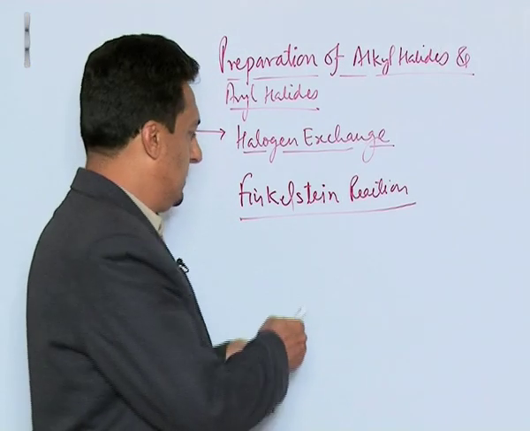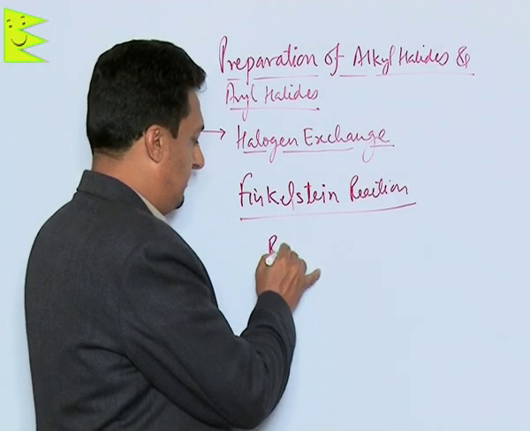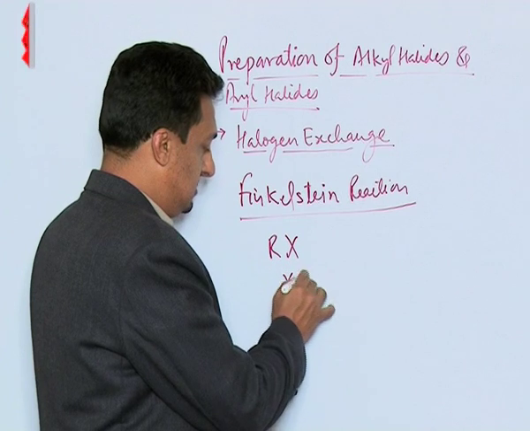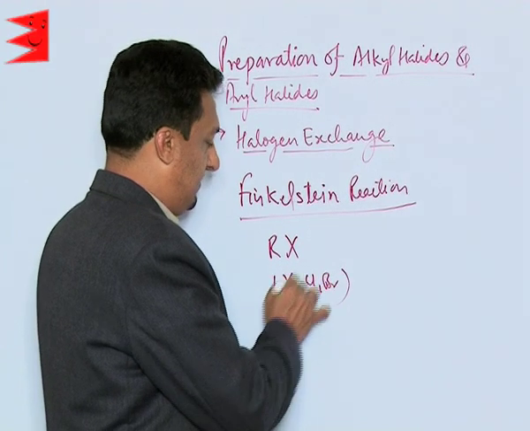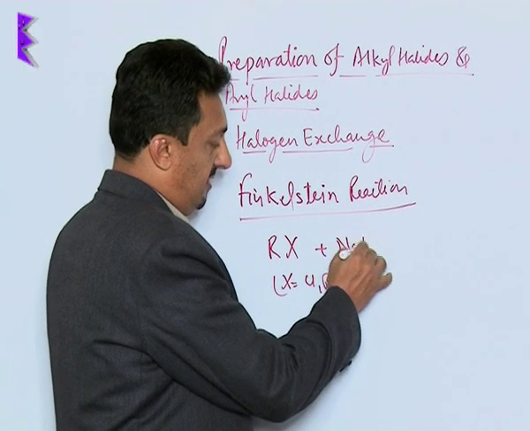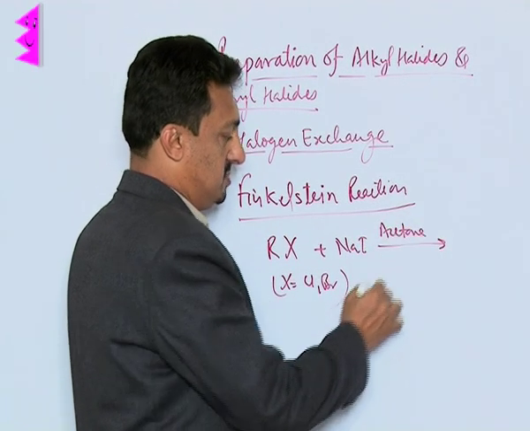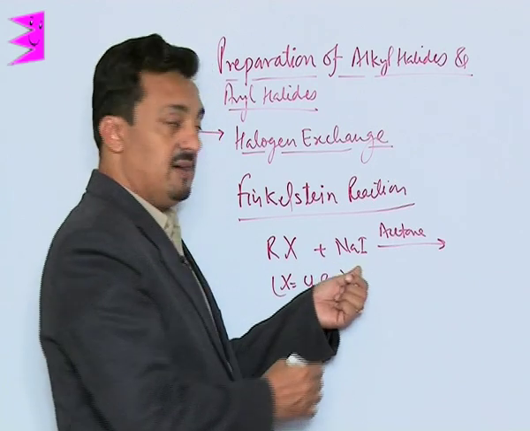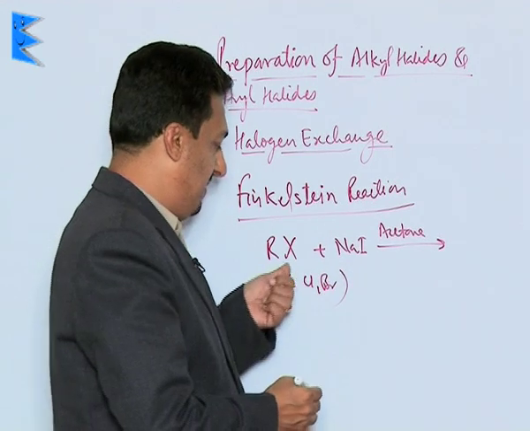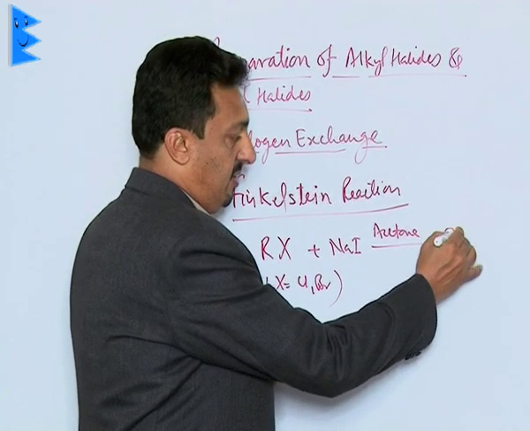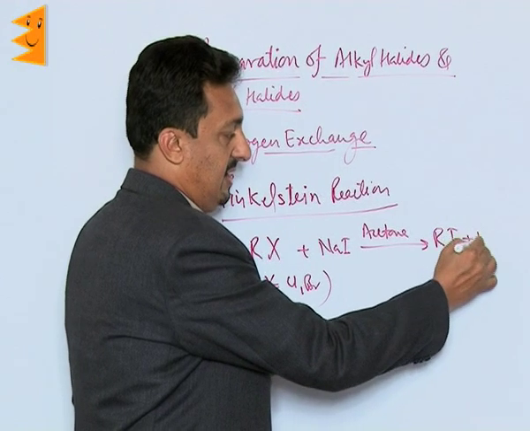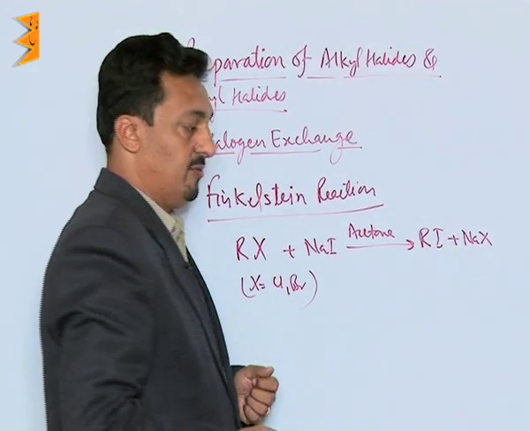Now in this, the alkyl chlorides or bromides are reacted with sodium iodide in presence of acetone. So iodide, being a stronger nucleophile, replaces chloride and bromide, and we get alkyl iodide and sodium chloride or bromide.